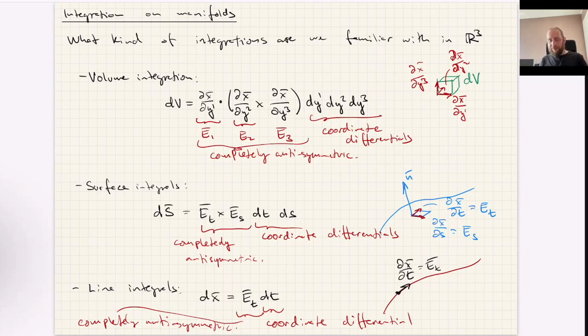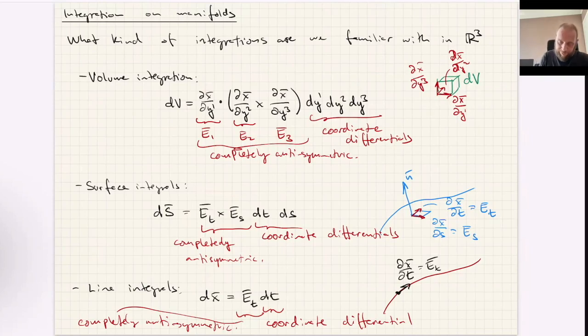We want to have something that's completely antisymmetric in a bunch of tangent vectors and maps to a scalar. Well, in this case, we map to a vector, but in order to get something that we can actually integrate on a general manifold, where we can't add vectors from different tangent spaces, we would have to take the inner product of this dS with some vector field.